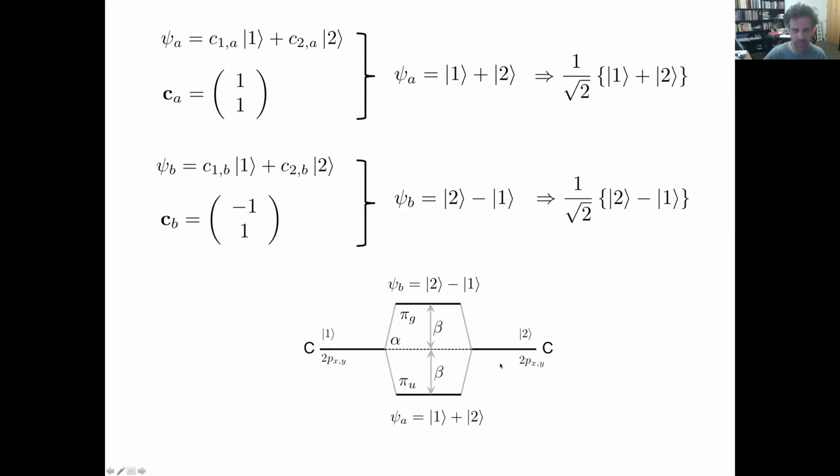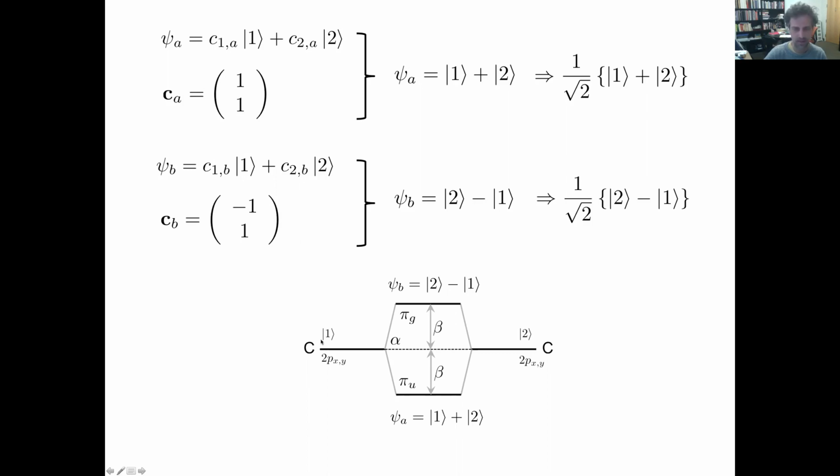Here's the same molecular orbital diagram once again. It looks the same as before, but now I'm just explicitly writing the form of the molecular orbital wave functions, psi A and psi B. Okay, the plus combination and the negative combination, where one is subtracted from another.